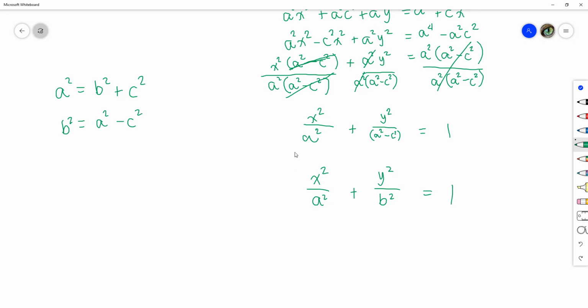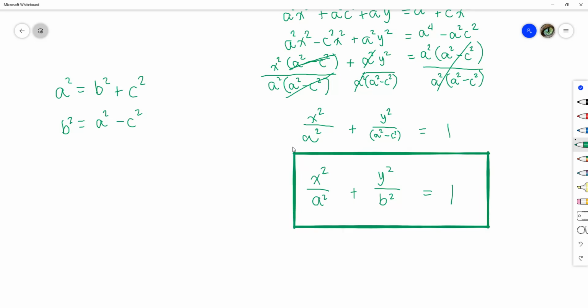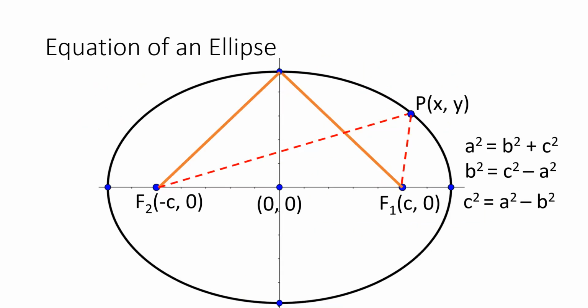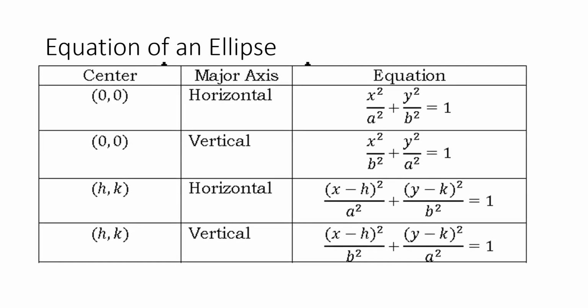And this would be the standard form of the ellipse if the major axis would be along the x-axis. So, in other words, these would be the equations. Okay, the standard equations of the ellipse.